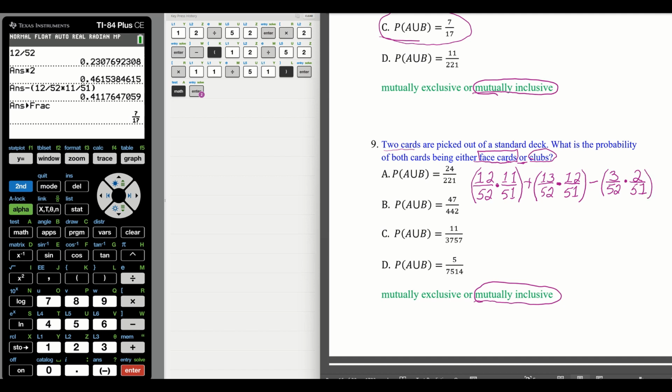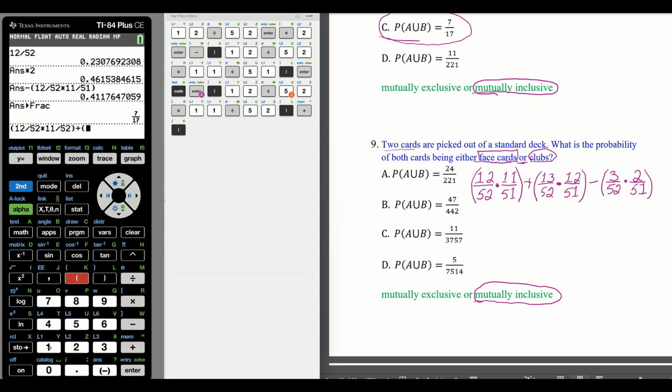Now let's put this on our calculator. All right. I'm going to use parentheses so we don't get an issue with order of operations. Let's see. 12 divided by 52 times 11 divided by 51. Close our parentheses. Add.